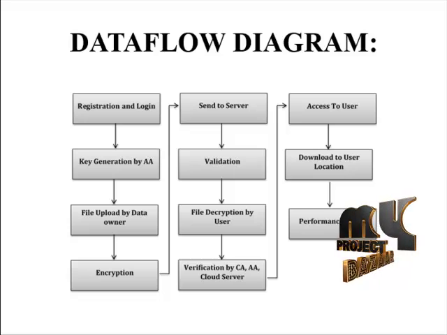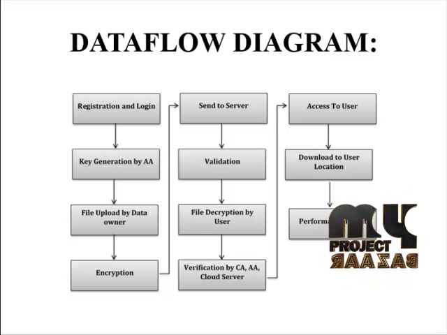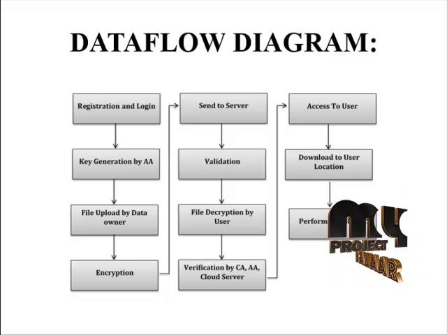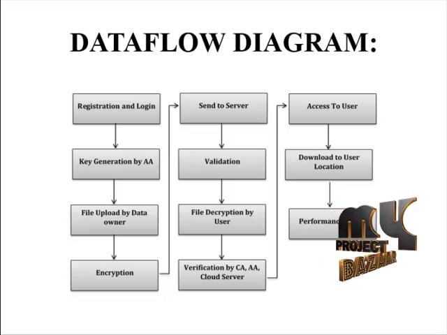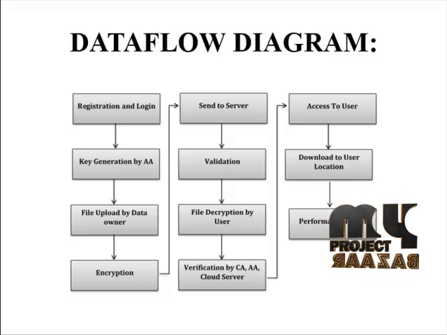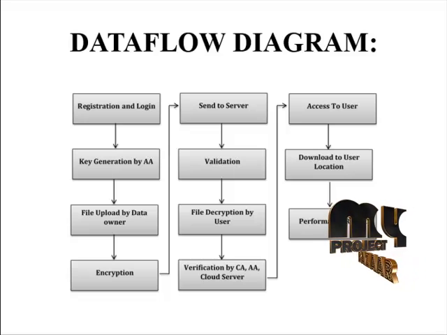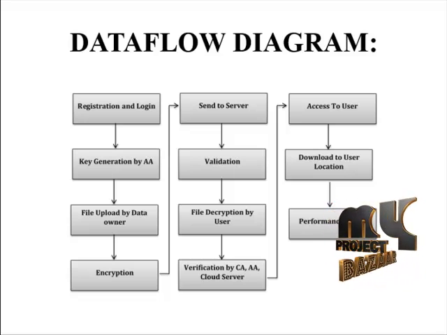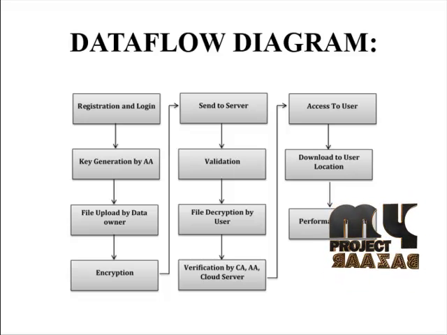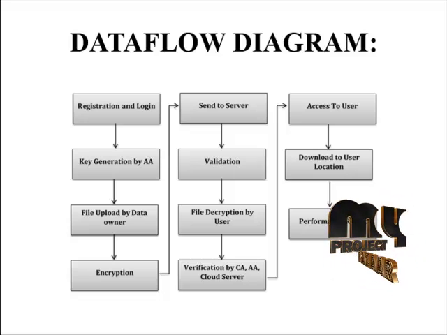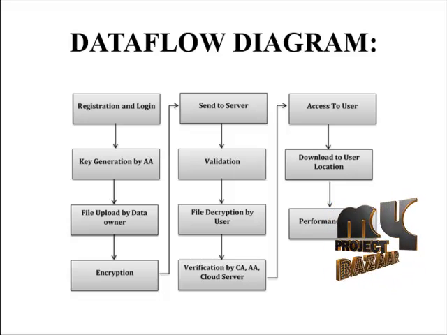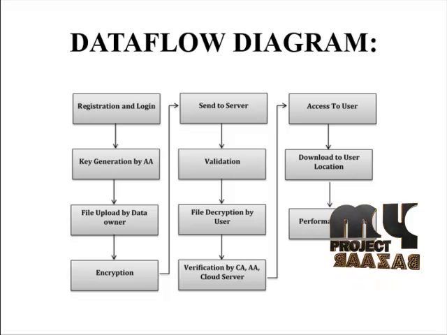After verifying the attributes of the user, they allow the user to download the files to their specified locations. If the user wants to be revoked from this process, a revocation process is allowed, and after that, the user cannot access any data inside the process.